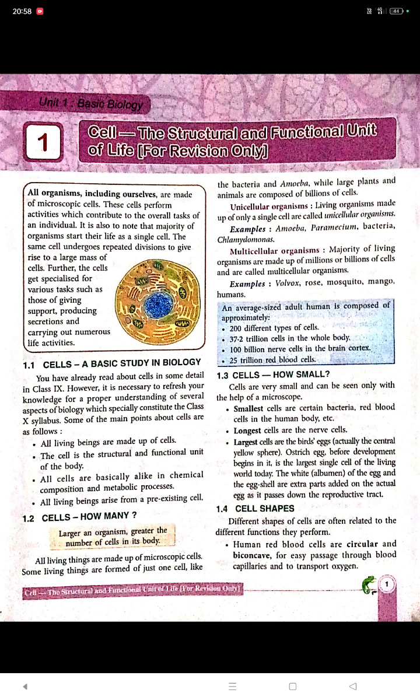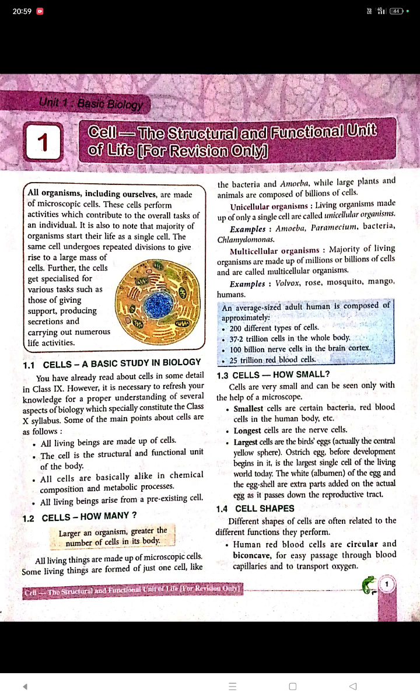An average sized adult human is composed of approximately 200 different types of cells. It means a normal human has 200 different types of cells present in the body.